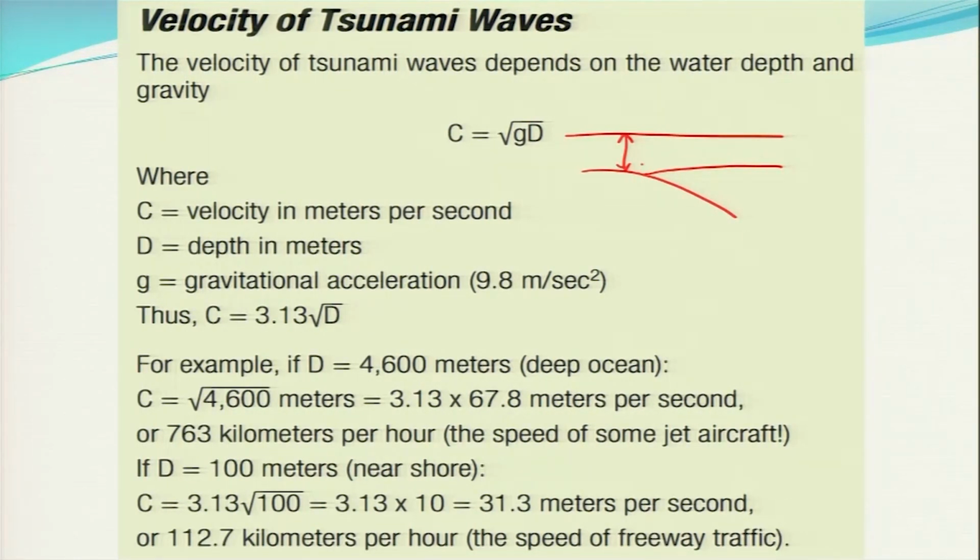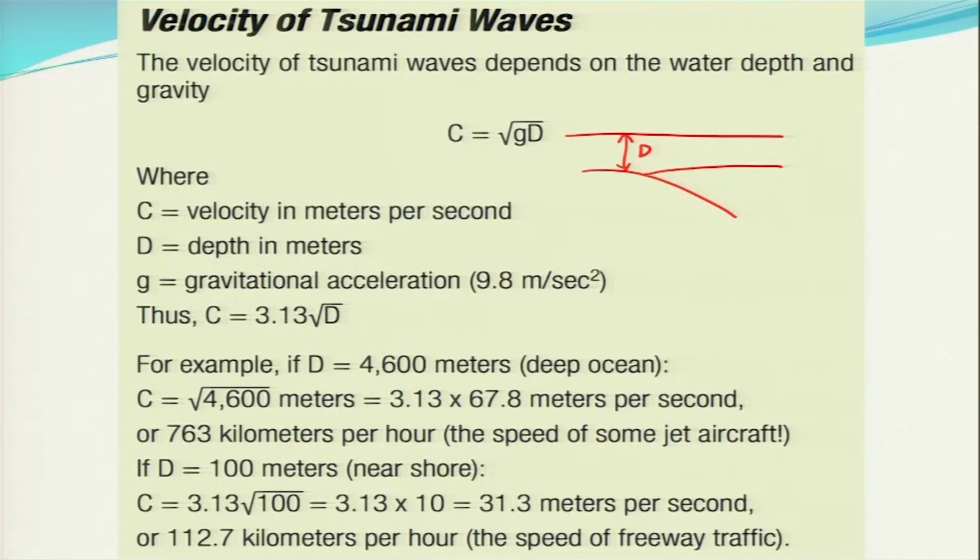If the earthquake takes place in this shallower part, then you will have a different effect. If the earthquake is in the deeper part, that is, the displacement is mainly there, then you will have a different velocity. So if you know this, that is your d, you can calculate the velocity.